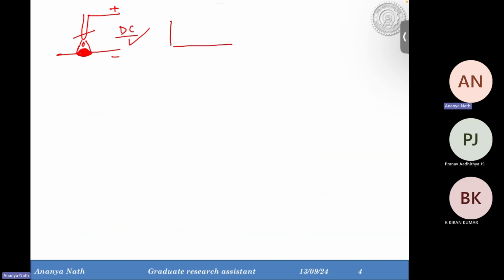But if you are using AC, then each time you are reversing the polarity, because of which you again get more penetration inside the substrate than DC, but you can work with this as well.